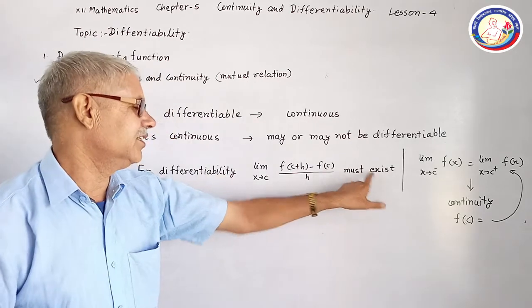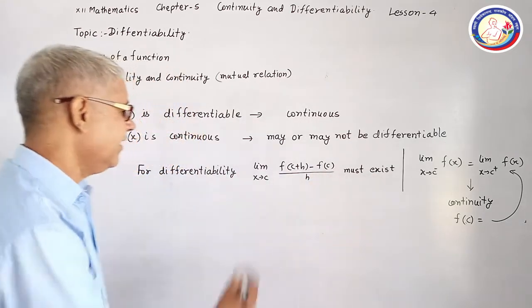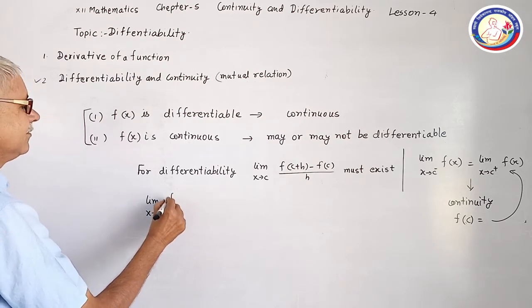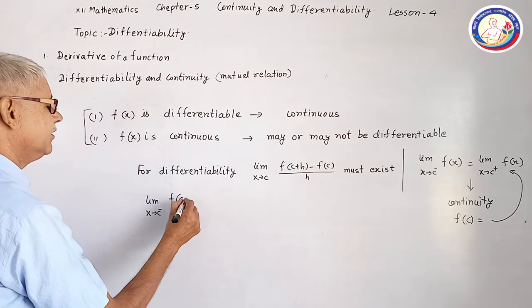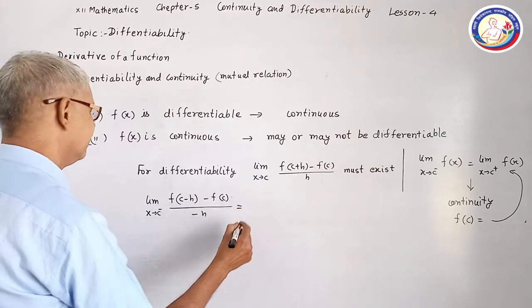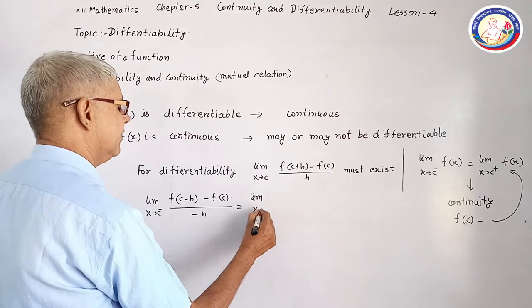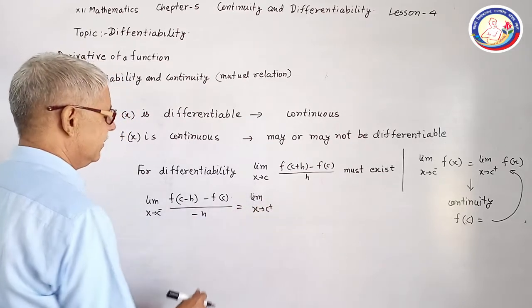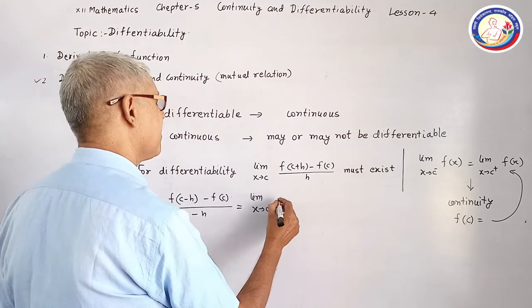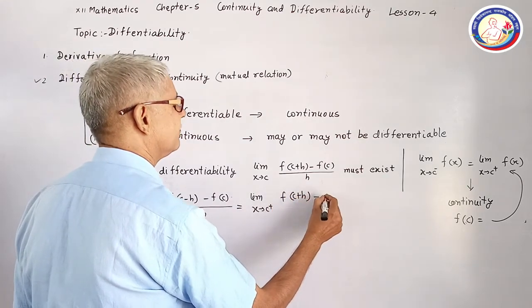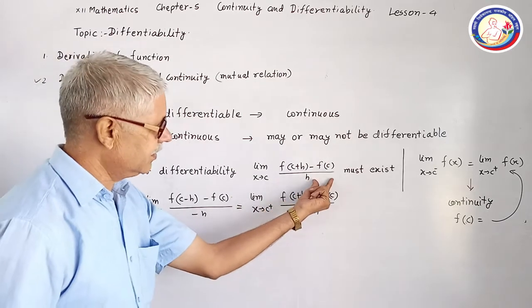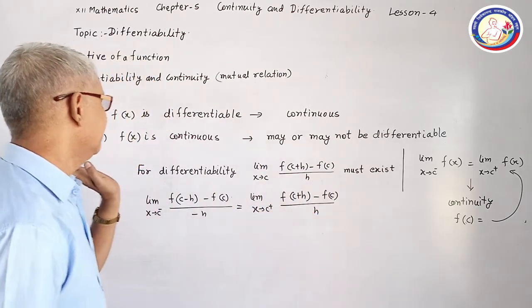And if it is continuous, then it may be differentiable or may not be differentiable. So again, if this limit exists, then the function is differentiable. In other words, we can say if the limit of (f(c minus h) minus f(c)) upon minus h, from the left hand side, is equal to the limit from the right hand side, (f(c plus h) minus f(c)) upon h, and these two are equal, it means this limit exists, and we say that the function is differentiable at x equal to c.